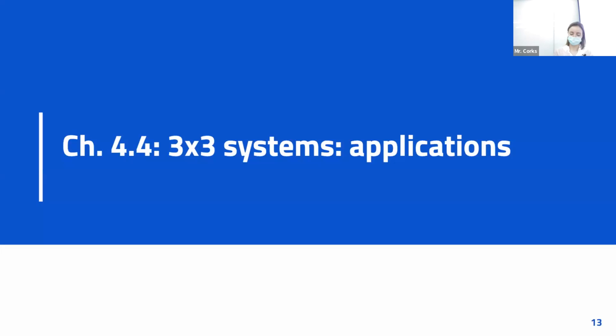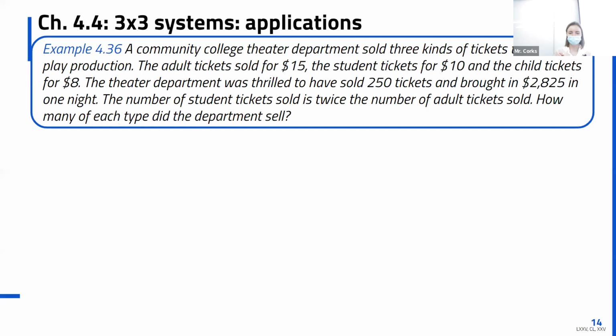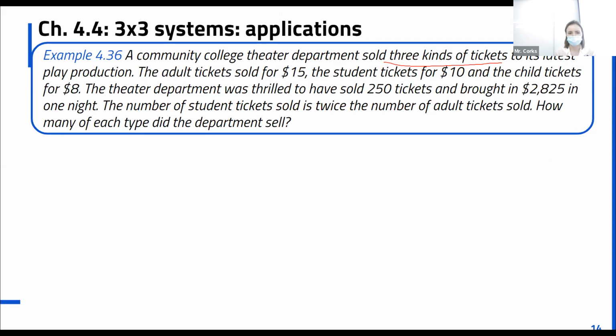And now we will have to use a 3x3 system to solve another text problem. So what do we have here? Here we have tickets again, but now we have 3 kinds of tickets. Adult tickets, which are sold for $15, student tickets for $10, and child tickets for $8.